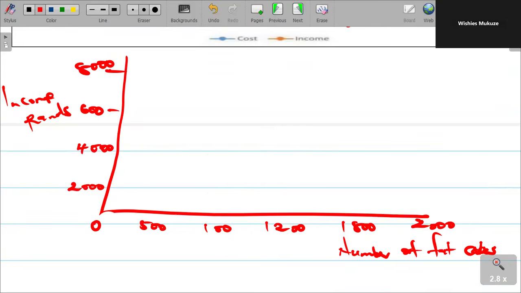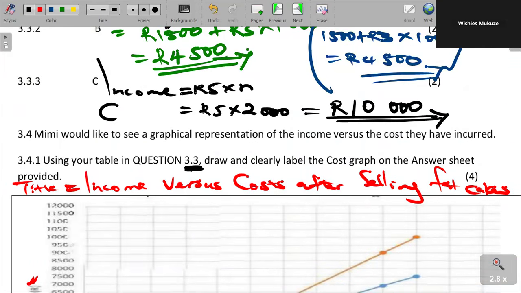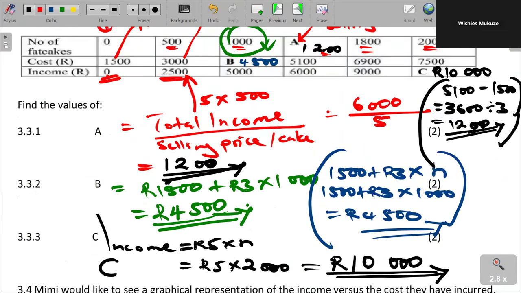Having these figures, let me start with the income first.